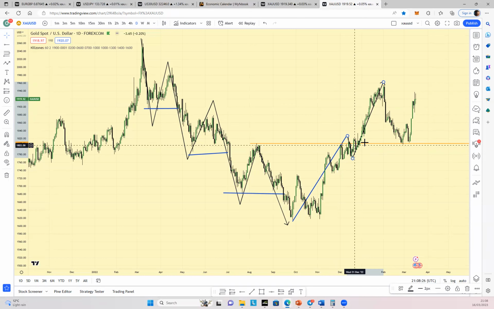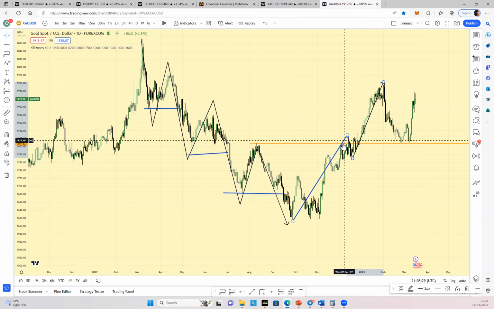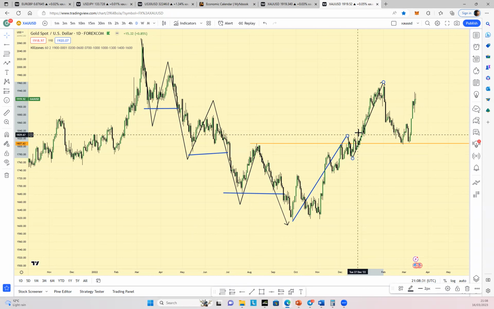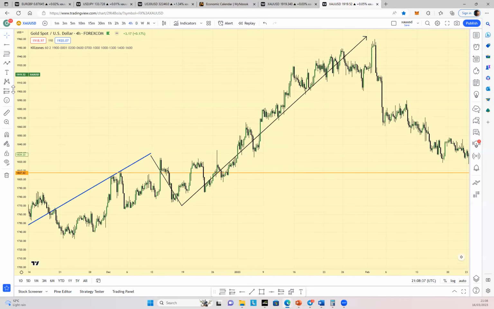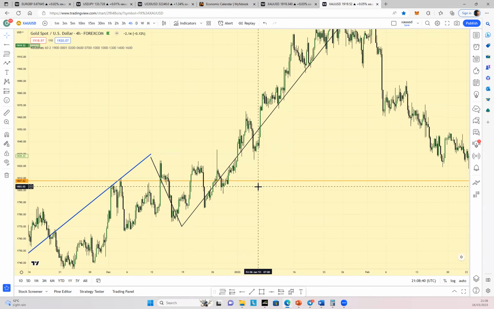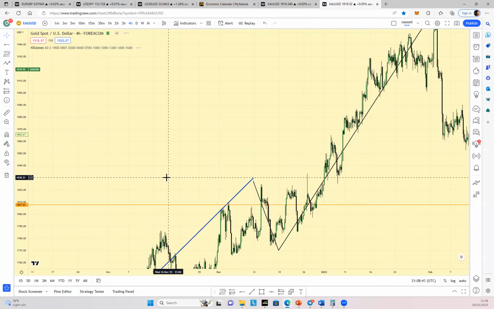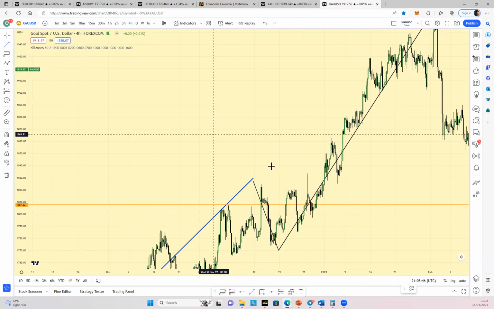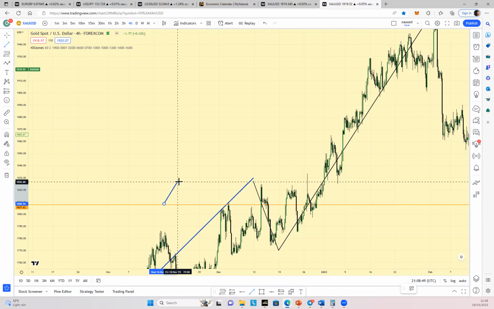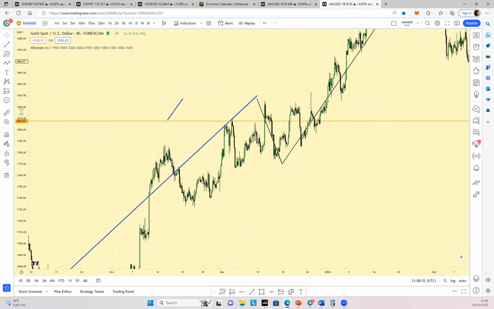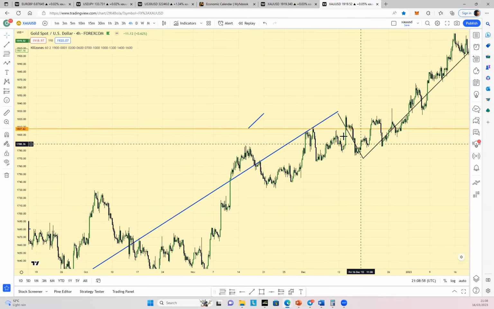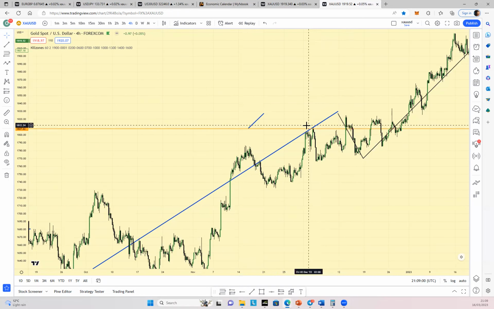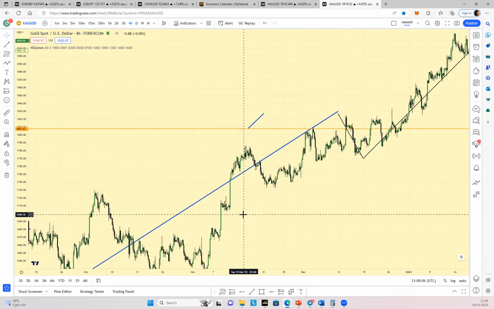If you look at the smaller time frame, because we're on a daily time frame, let's just go to a smaller time frame. You will notice that within the smaller time frame, which is your 4 hour that we've just gone to, there's been many breaks of structures, which indicates that price has now confirmed its bullish trend.